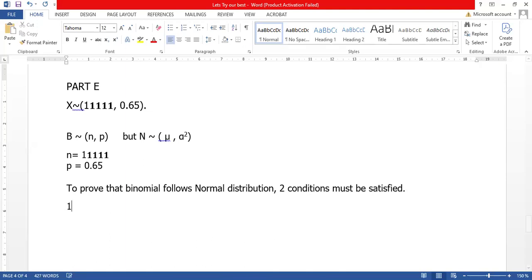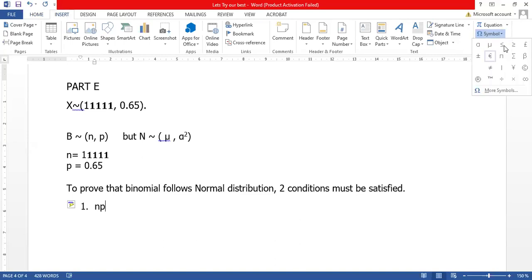One, np must be greater or equal to 5, and nq must also be greater or equal to 5.